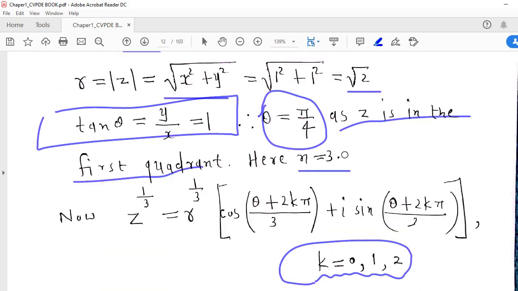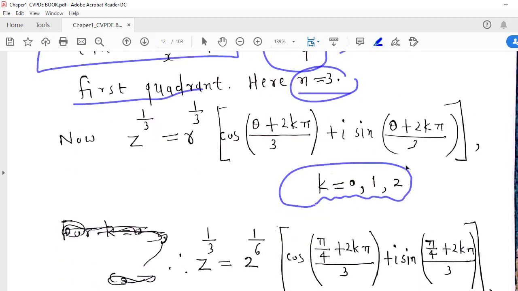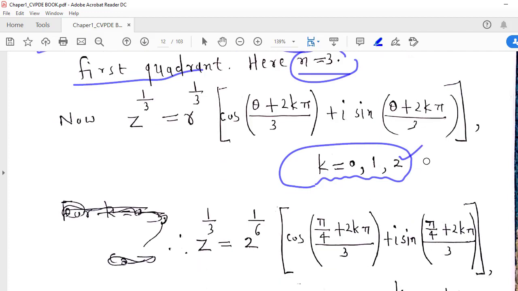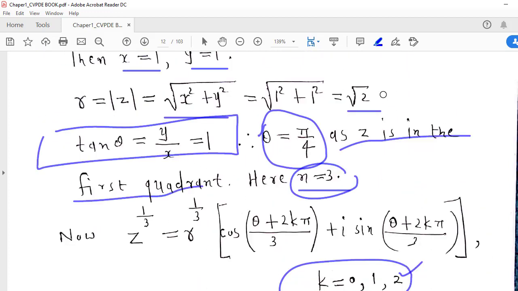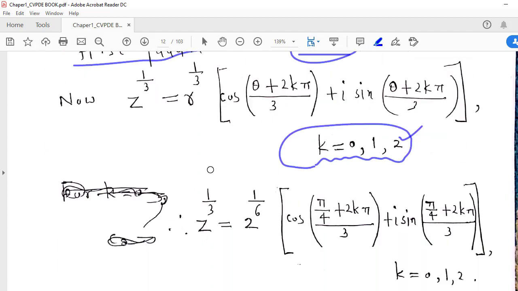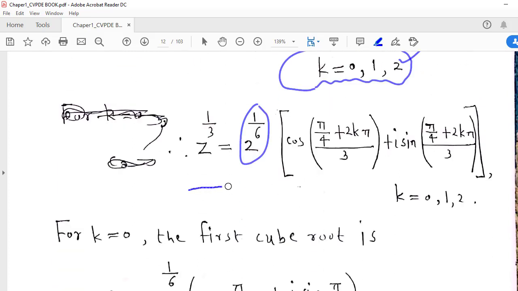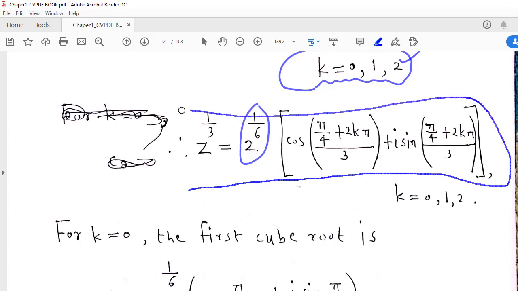Here n is 3, so we have to go up to 2. And r is root 2, that is 2 raised to 1 by 2, so we put 2 raised to 1 by 2 raised to 1 by 3, so it is 2 raised to 1 by 6. Theta is pi by 4, so we put theta equal to pi by 4 here. From this, for different values of k, we will have different complex roots.